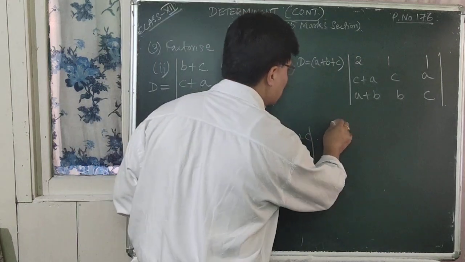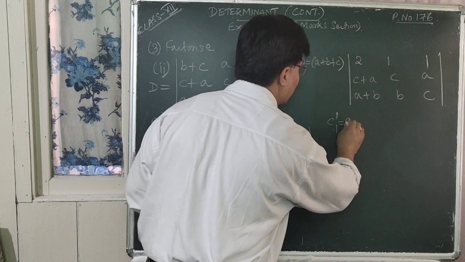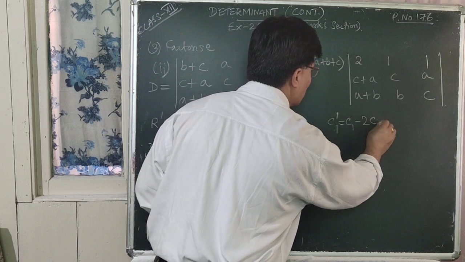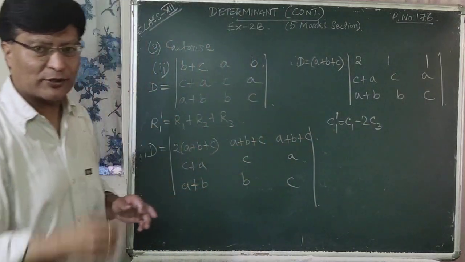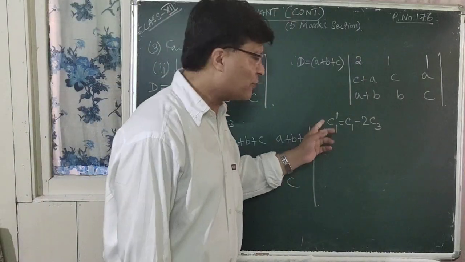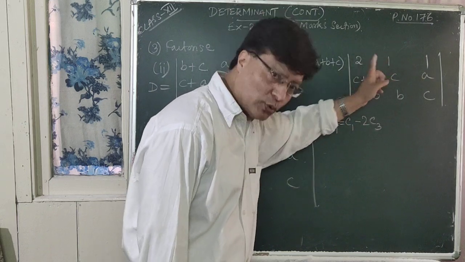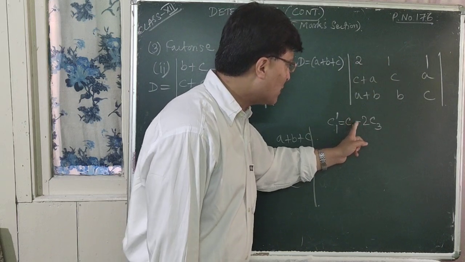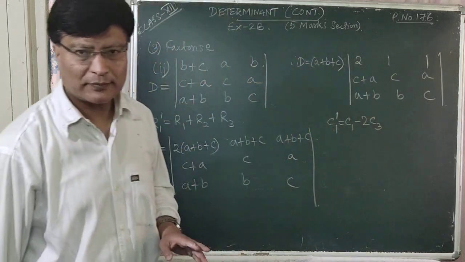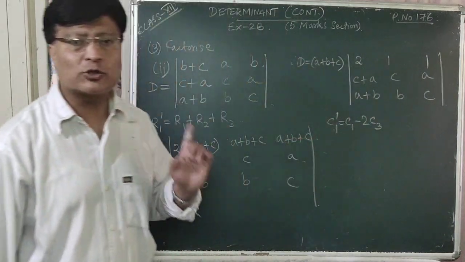So here the property is C1 dash is equal to C1 minus 2C3. You may write 2C2 also, because there is again 1 here. This is also 1. Either you can write the property as C1 dash is equal to C1 minus 2C2 or C1 minus 2C3. So here we have written C1 dash is equal to C1 minus 2C3.